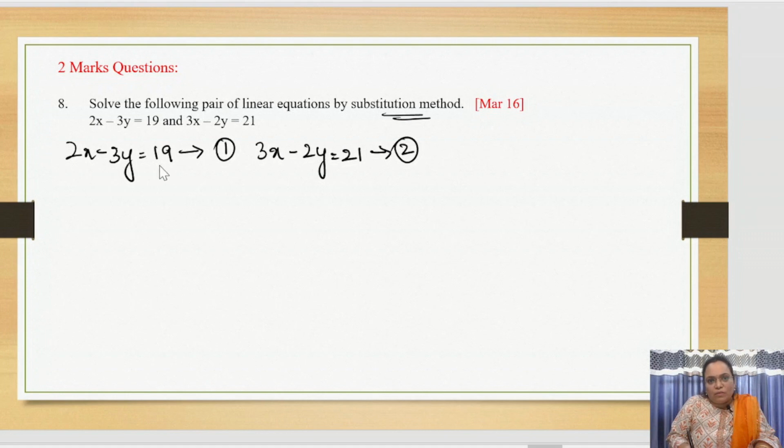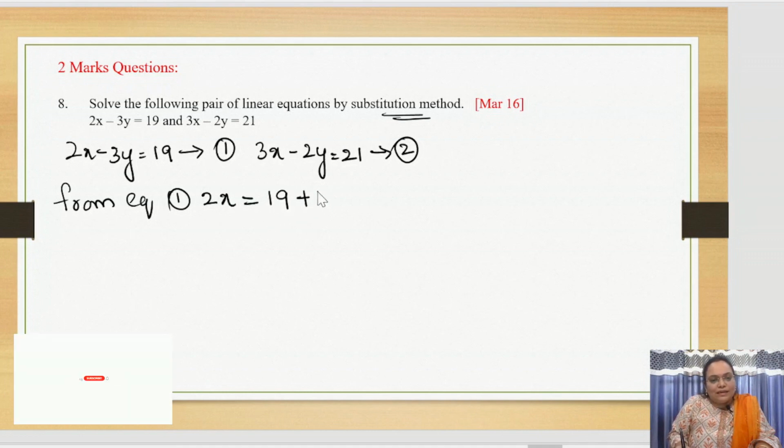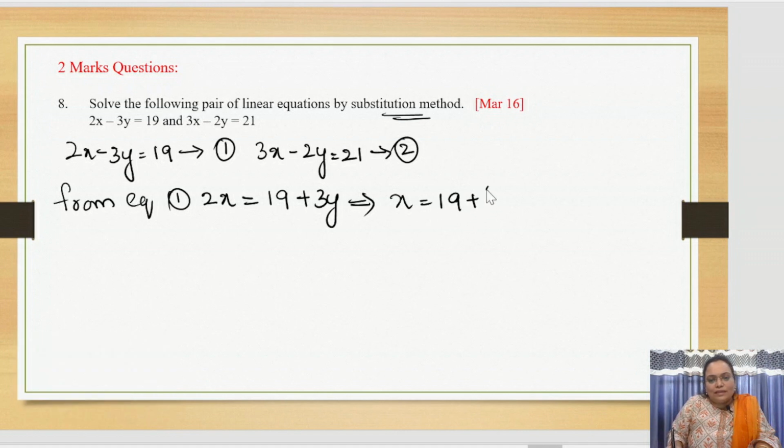So from equation number 1, let us solve for x. Let us take 2x is equal to 19 plus 3y. So if you want only the x value, x is equal to 19 plus 3y divided by 2. This will be your equation number 3.